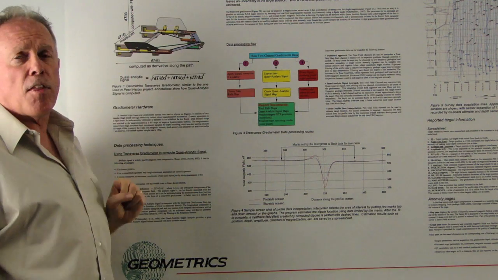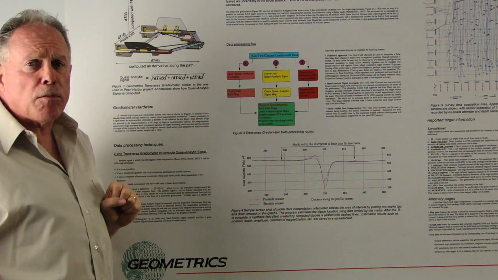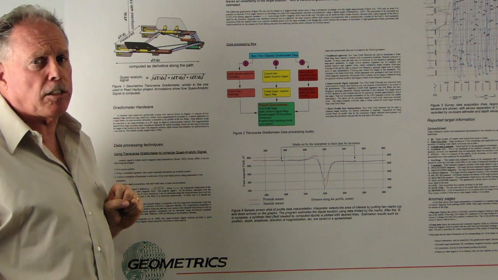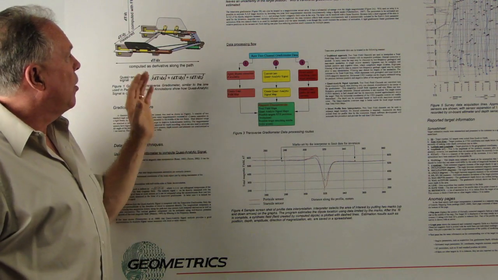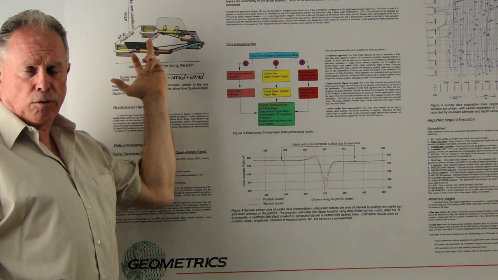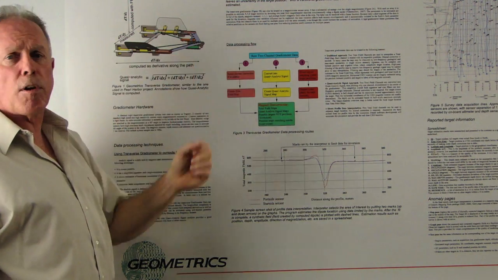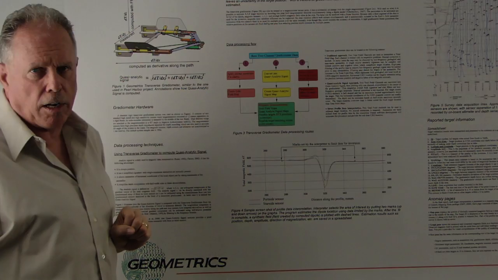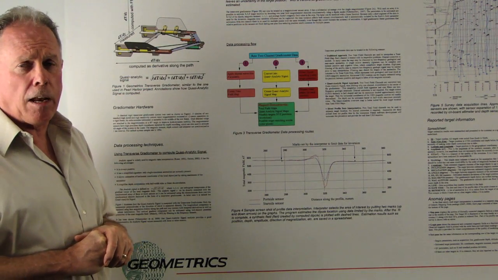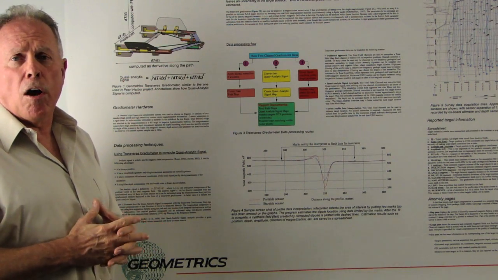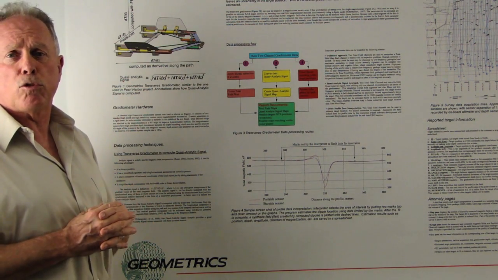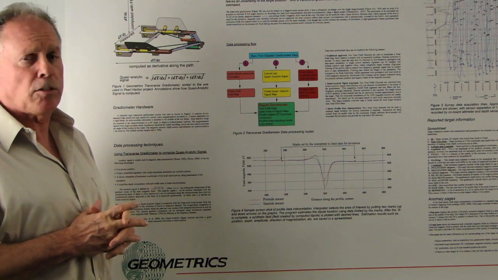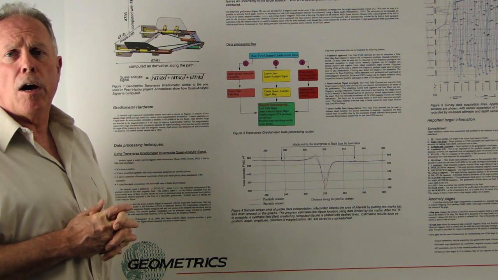However, we find that there is sufficient information to get good analytic signal maps based solely on the transverse gradient, the longitudinal gradient, and computing the vertical gradient. We have a separate paper analyzing the results of the quasi-analytic signal versus true analytic signal, and that's available from Geometrics upon request.